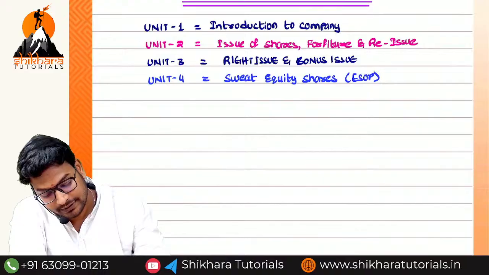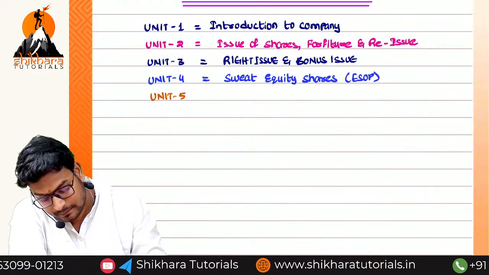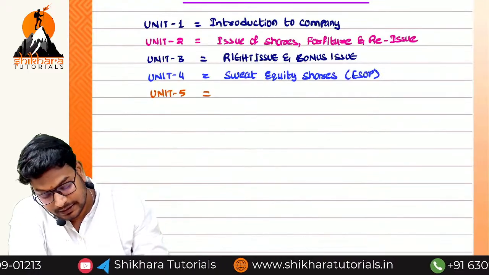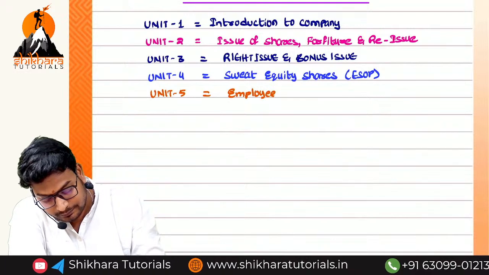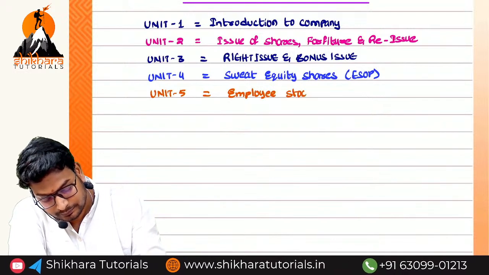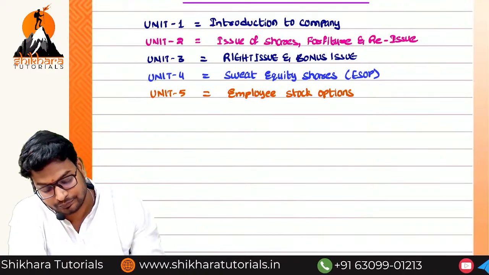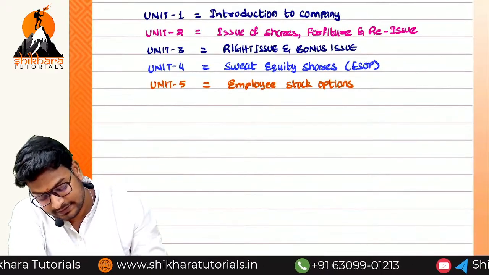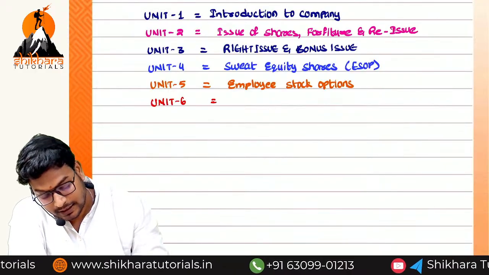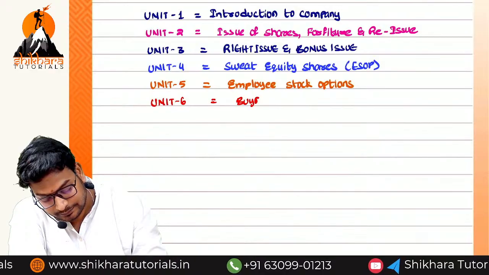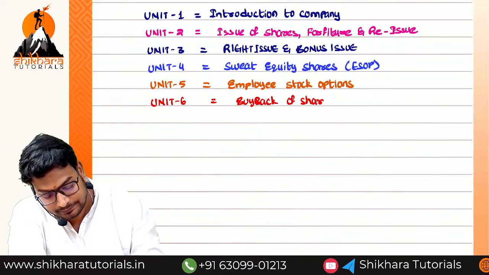Next one, unit 5: employee stock options. And next one, unit 6: buyback of shares.